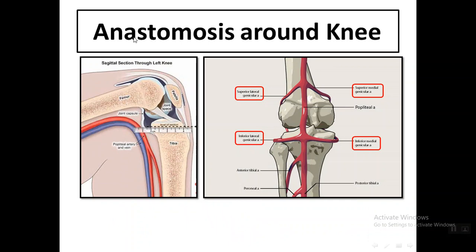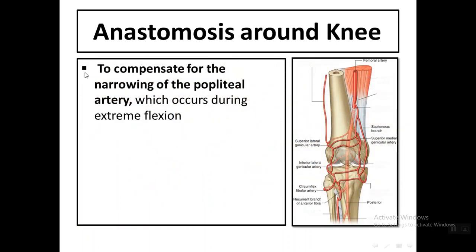Now we come to an important item, which is the anastomosis around the knee joint. Why do we have an anastomosis around the knee joint? To compensate for the narrowing of the popliteal artery, which occurs during extreme flexion.